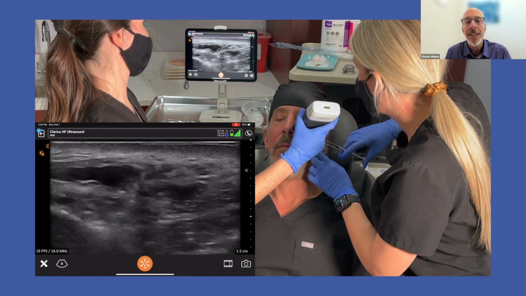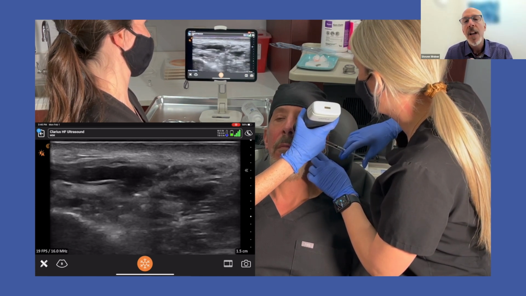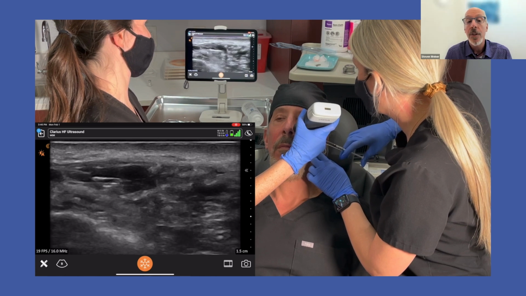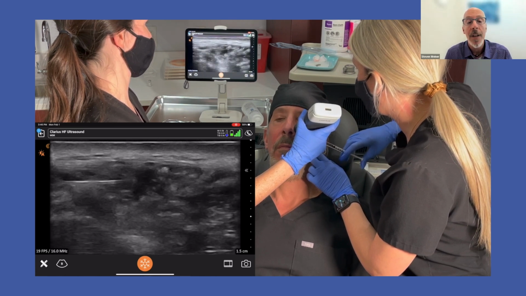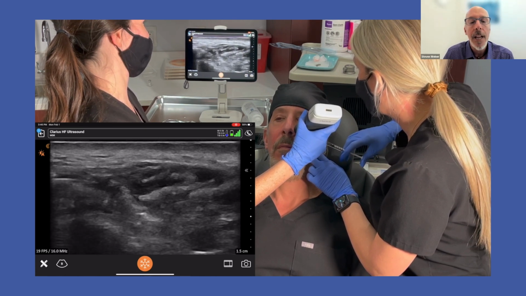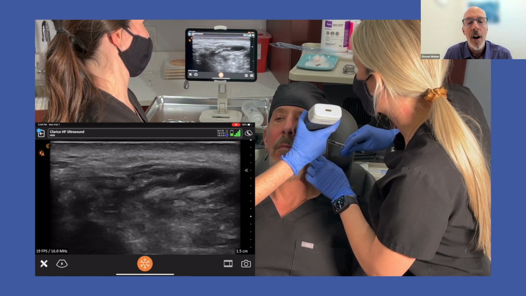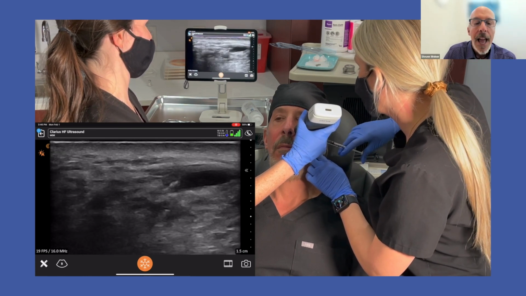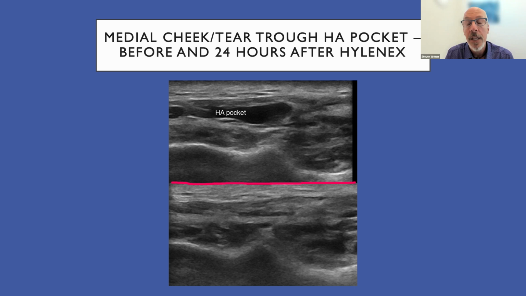I prefer to hold it myself now, but these people had very little experience using ultrasound and did a great job. They weren't hurting me. And you can see that the cannula they're using is right in the heart of the filler. And you see on the before and after that they nailed it. They got right into that filler and it got better.